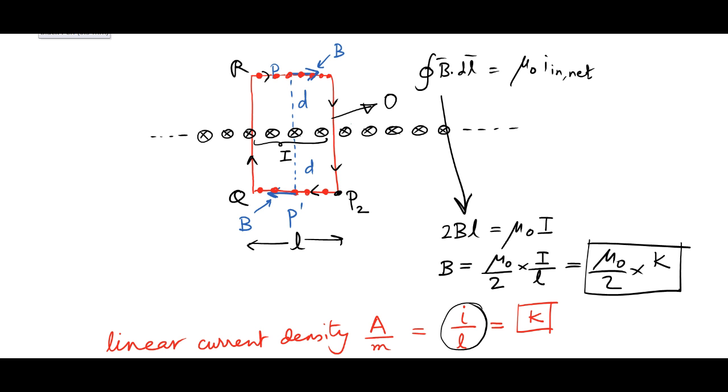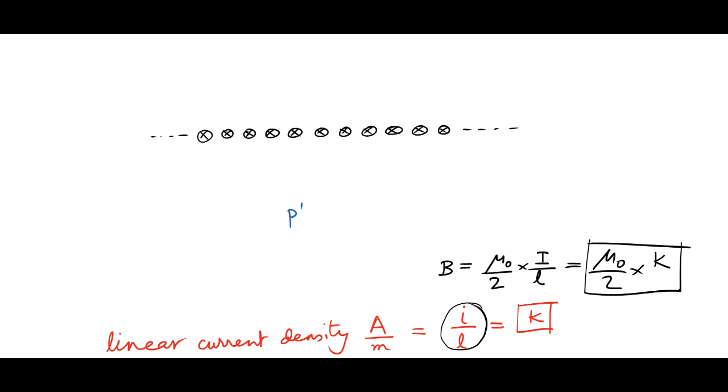Now what does this result mean? Let me just remove the clutter from this diagram. All these things I'll remove, so that I've just got back my plane and my 2 points.